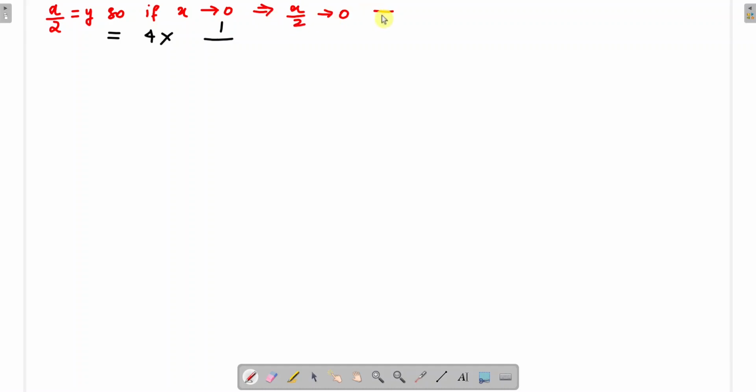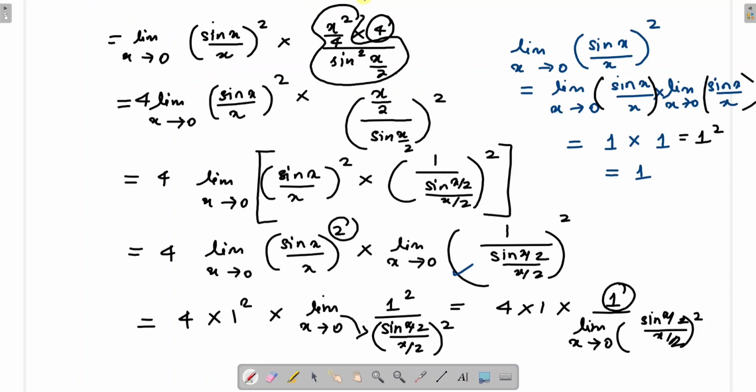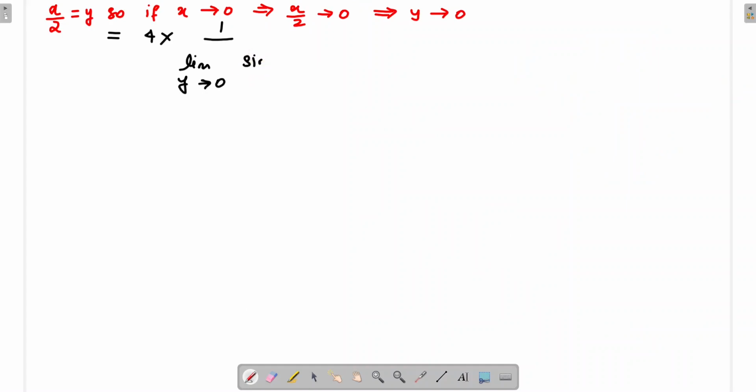This you already know. This will imply y tends to 0. So what you will get is limit y tends to 0 of sin y by y, the whole square.